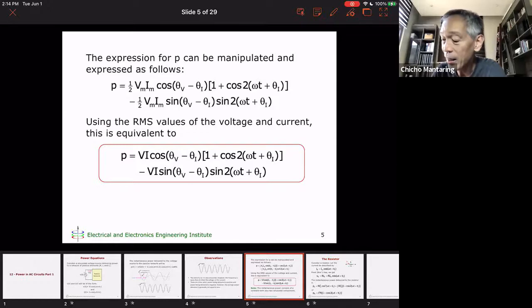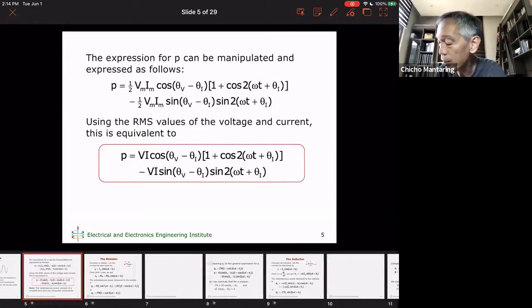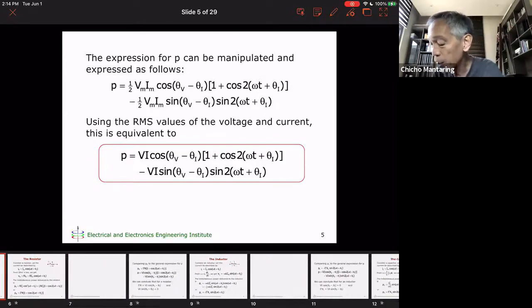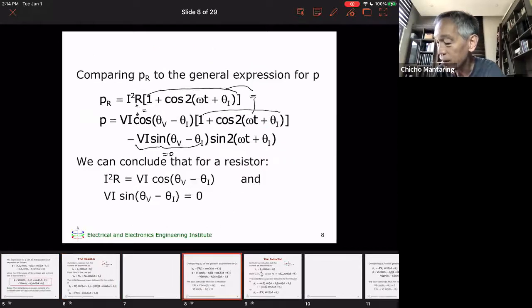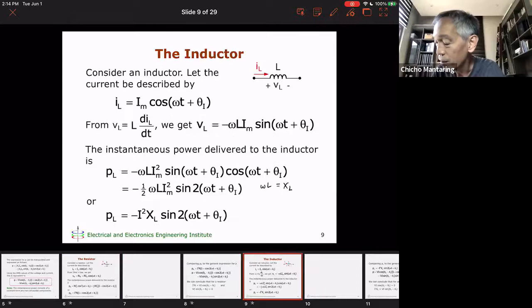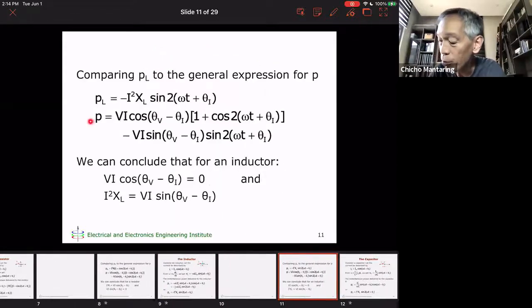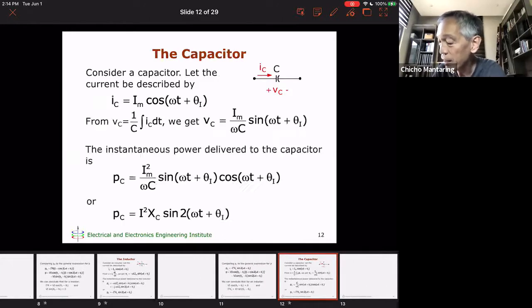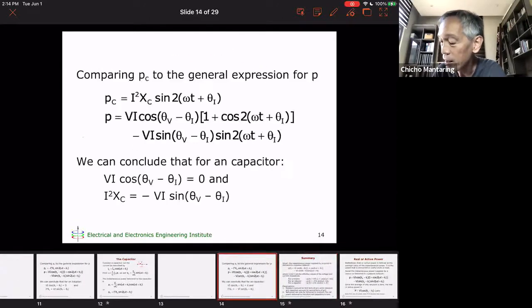Okay? And then the only reason why I came up with this expression was so that I could compare it with the expressions for your resistance, so that I could compare these two and come up with this conclusion, and then finally, so that I could compare these two to come up with this conclusion.